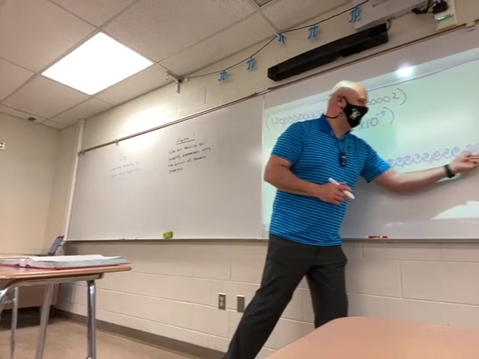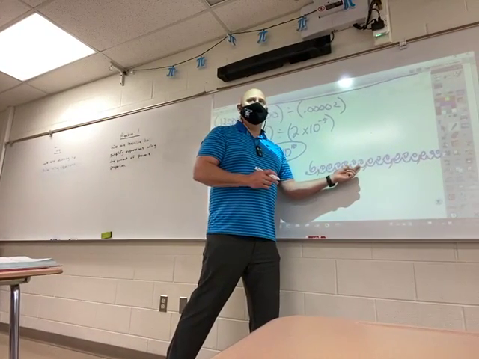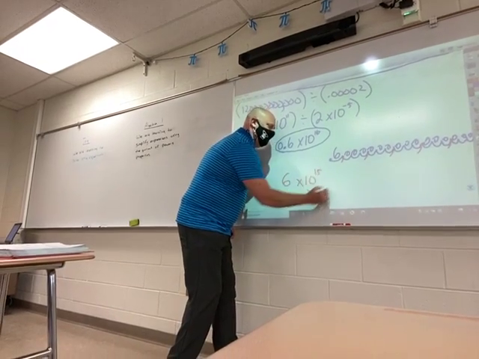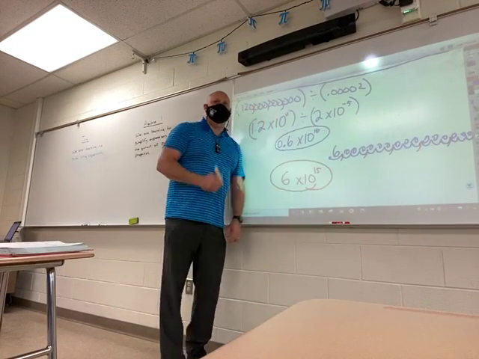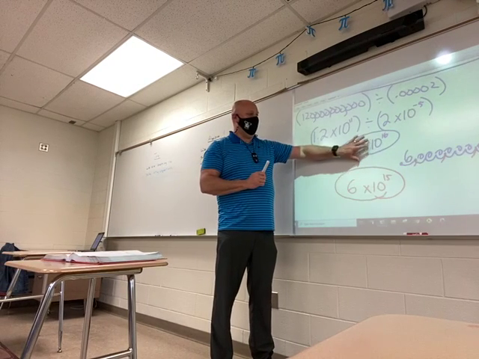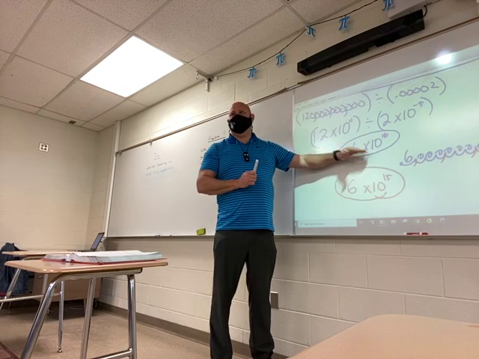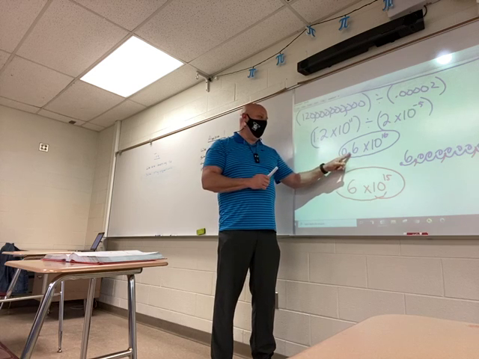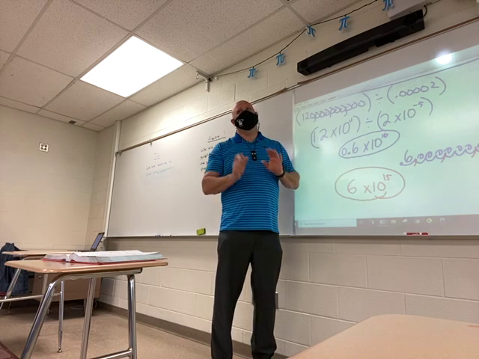Well, 3, 6, 9, 12, 15. This is actually the correct answer. Sometimes when you multiply or divide numbers, the result isn't actually in real scientific notation. Sometimes we need to move it one fewer spots.